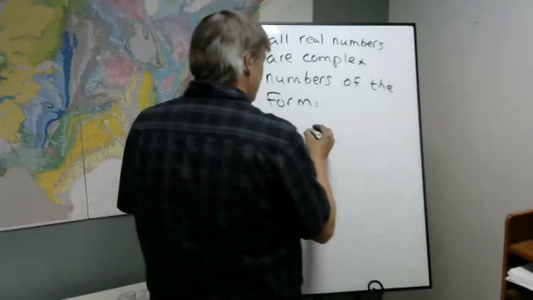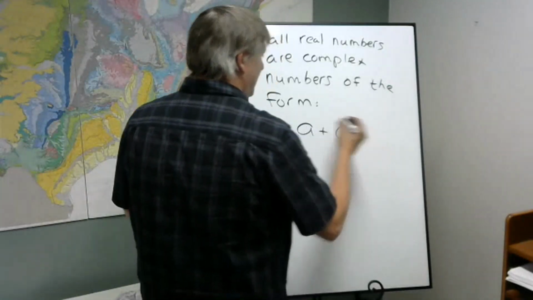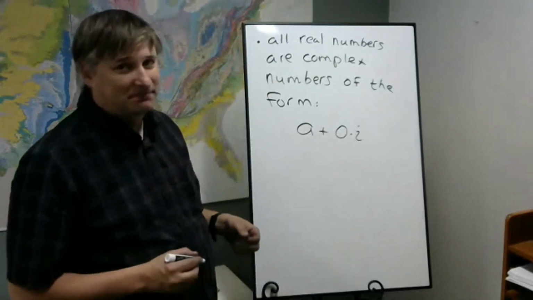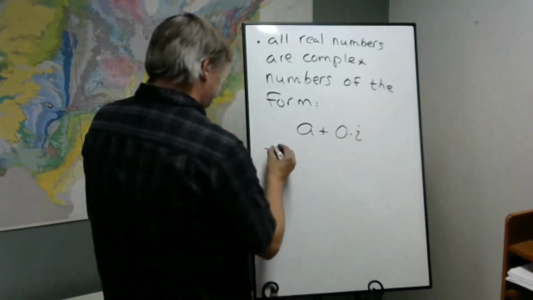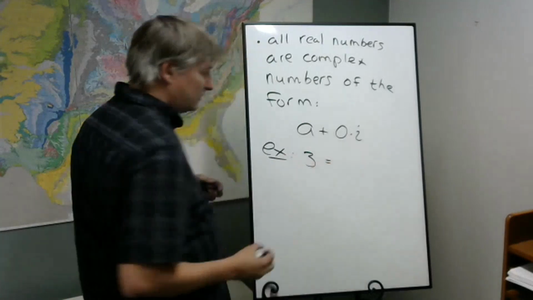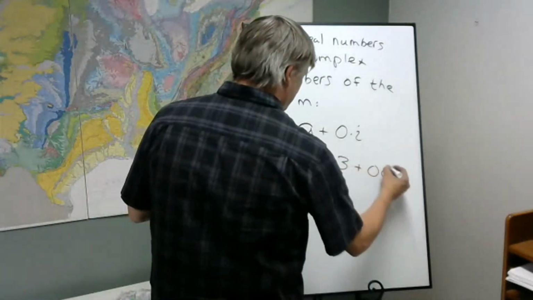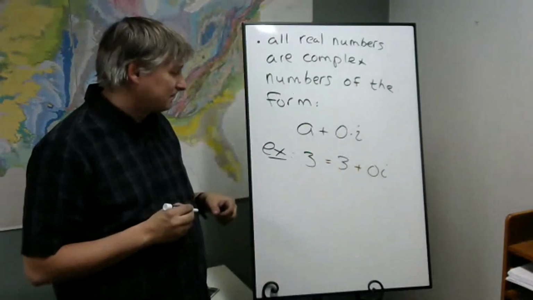They're just complex numbers of the form a plus 0 I. So for example, 3 is really 3 plus 0i.